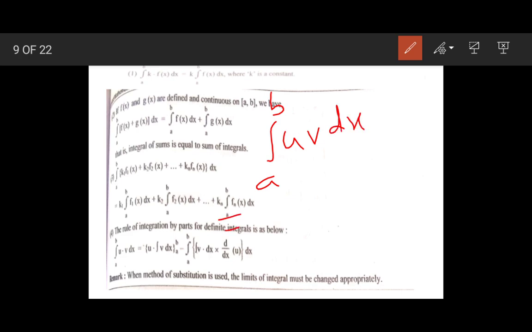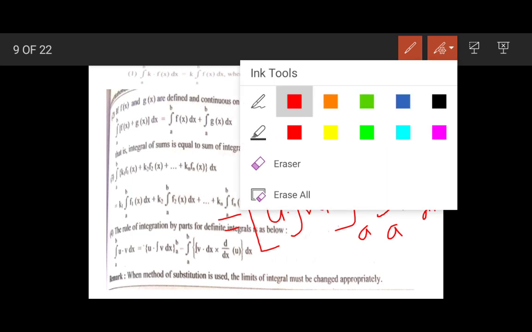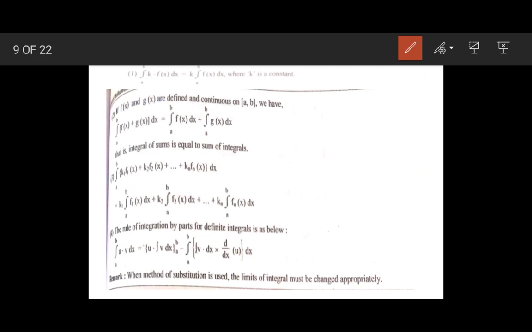So that will be, first we have to find u into the integral of v dx, then in the whole term we have to put the limit of integration, so a to b, then minus the integral, here comes the limit of integral, so a to b, then the integral of v dx into the derivative of u dx. Okay, here it will be an indefinite integral. So this u into v rule is very important, and the rest of the rules are the same as the indefinite integral.